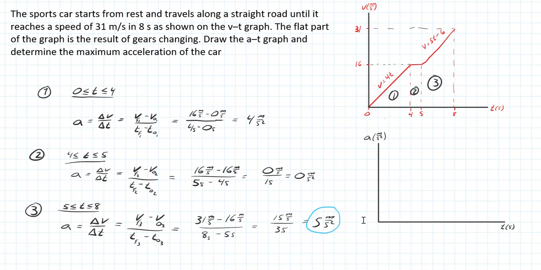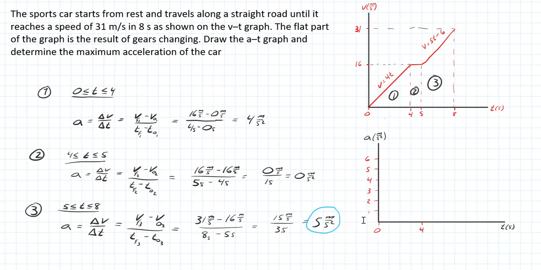So all the way from 0 seconds to 1, 2, 3, 4 seconds, we have a constant acceleration of 4 meters per second squared. So we'll have here 1, 2, 3, 4. Well, we can label this 3, 2, 1, 5, 6.